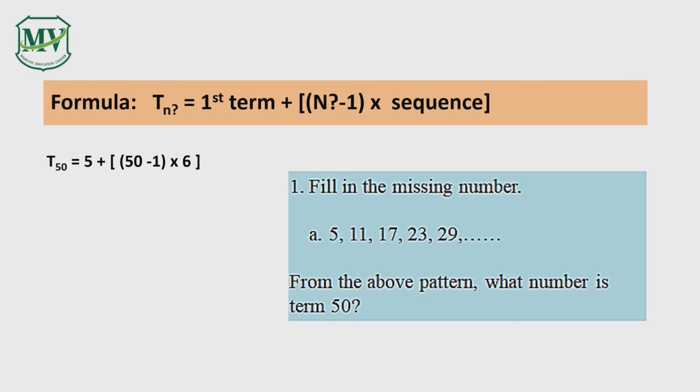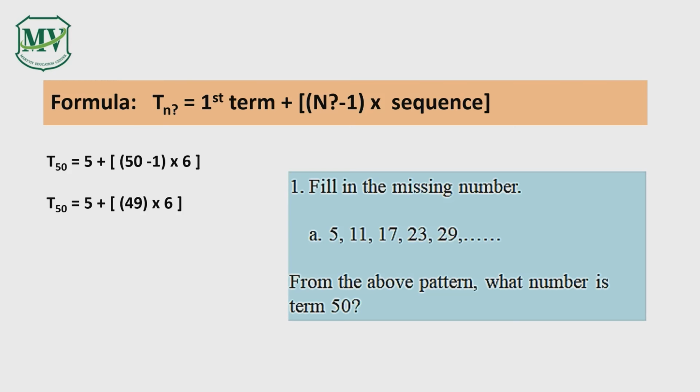So let's use the rule of PEMDAS. Parenthesis first, exponent, multiplication, division, addition, subtraction. So let's solve first what's inside the parenthesis. Copy 5 plus 50 minus 1 is equivalent to 49 multiplied by 6, which is our sequence.